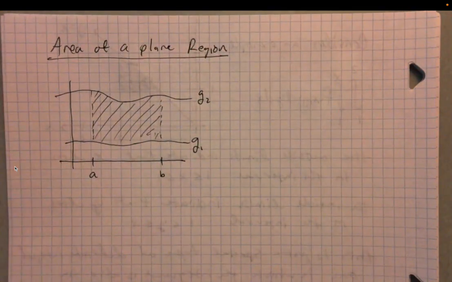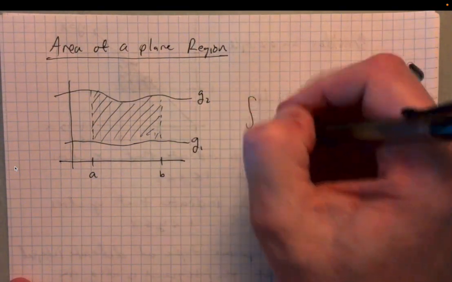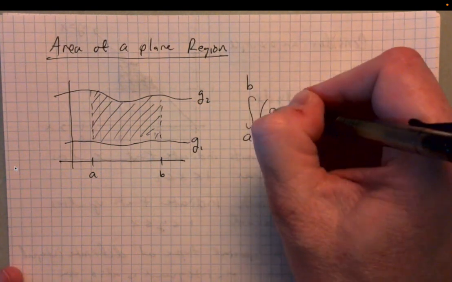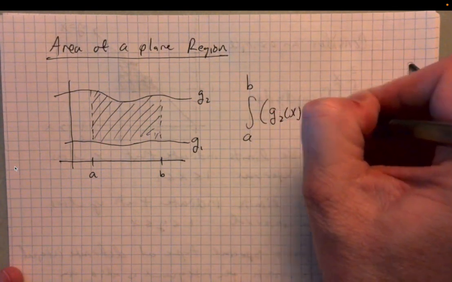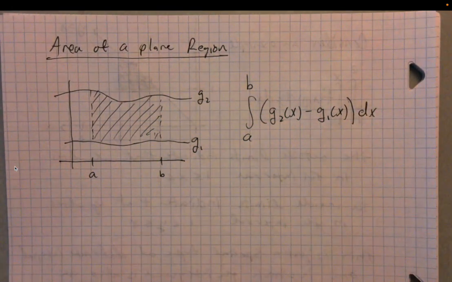Well, we definitely know how to calculate this area using a standard integral. What we would do is integrate from a up to b of g2 of x minus g1 of x, and we're going to integrate with respect to x. We know how to do this one. This one is straightforward. Whatever g2 and g1 happen to be, we could plug those into this expression.